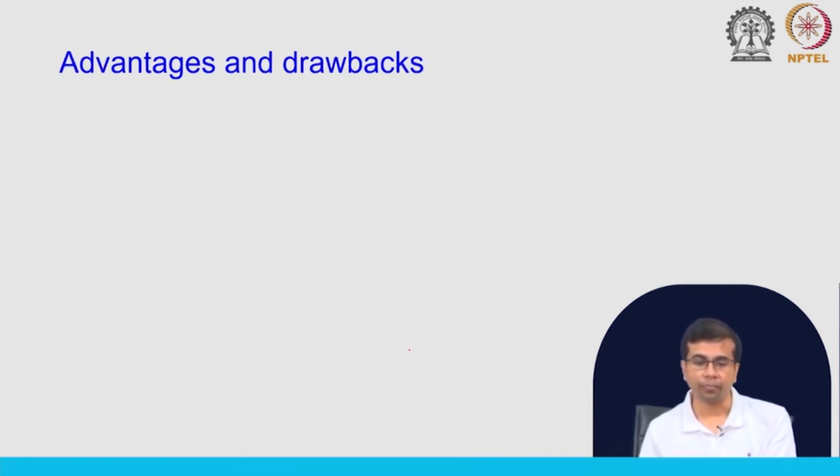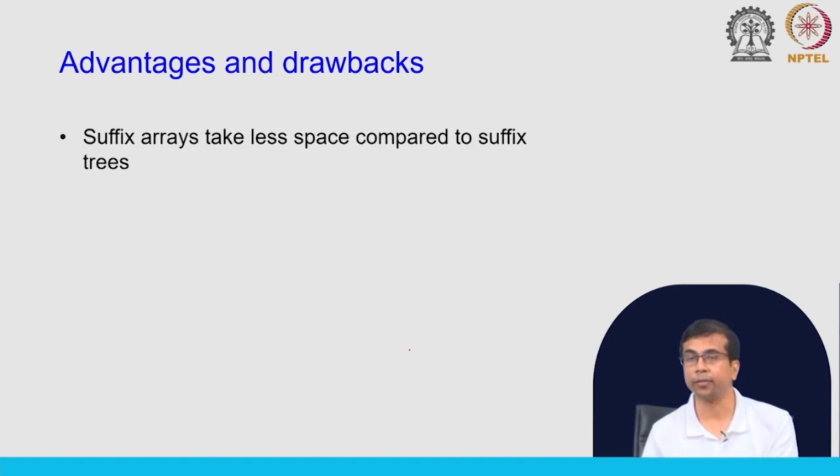So, what are the advantages and drawbacks of suffix arrays? The first advantage is that they take less space compared to suffix trees, about 12 to 15 GB for the human genome. Again, this is comparable to the hash table.